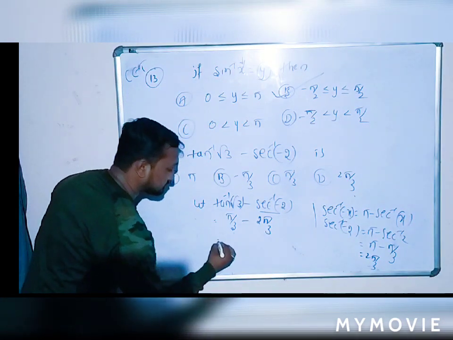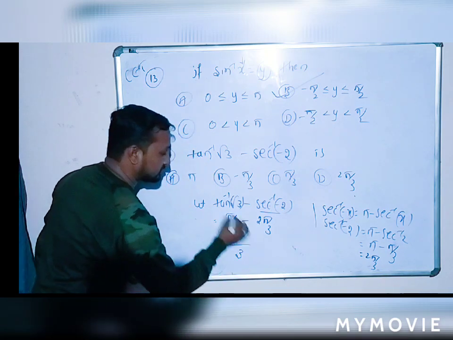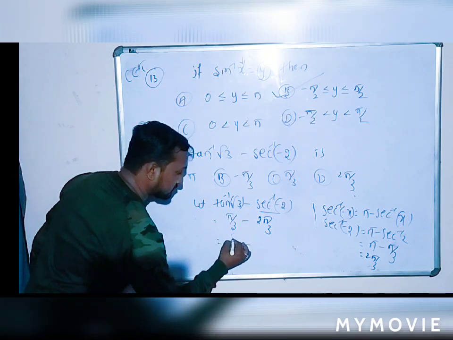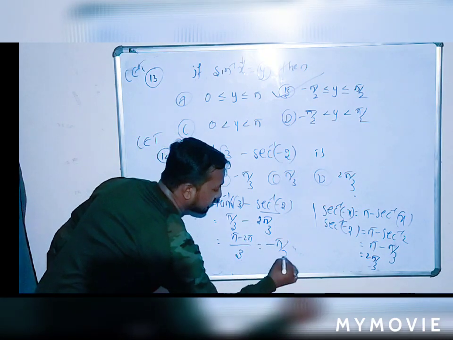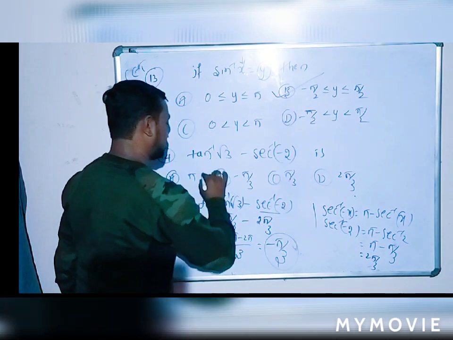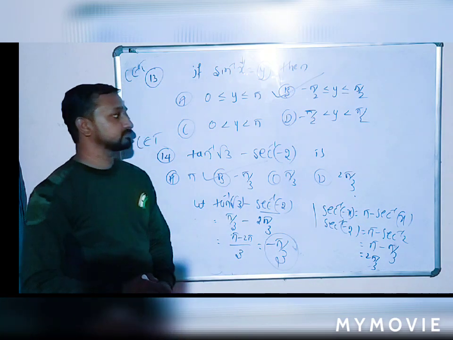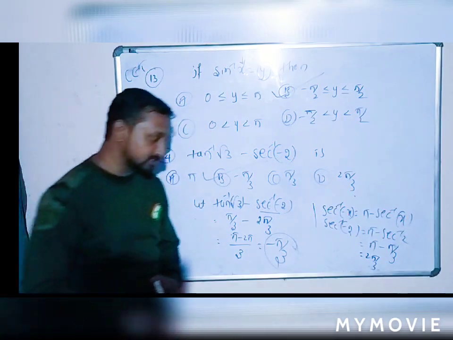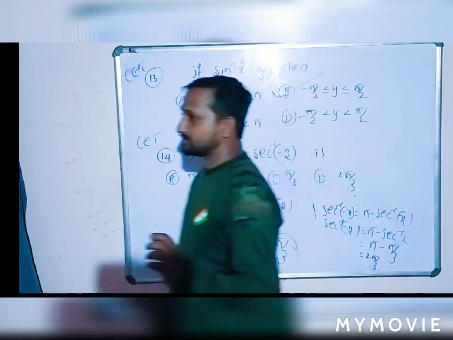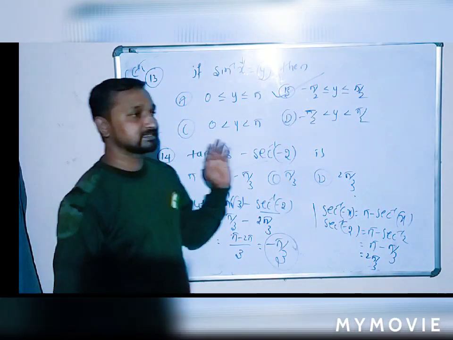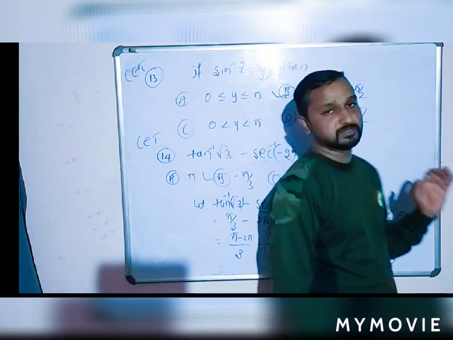LCM is the same, 3. Then pi minus 2 pi is equal to minus pi by 3, which is the answer. Option B. Is that clear? So students, this is a very easy exercise. We already studied what the principal values are.